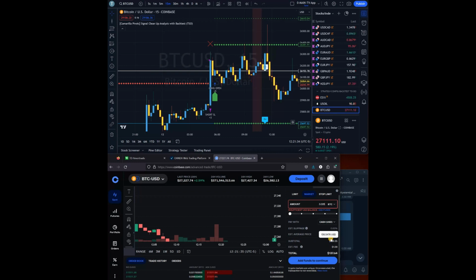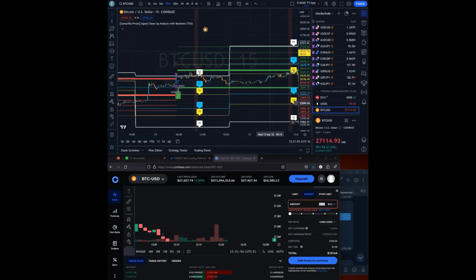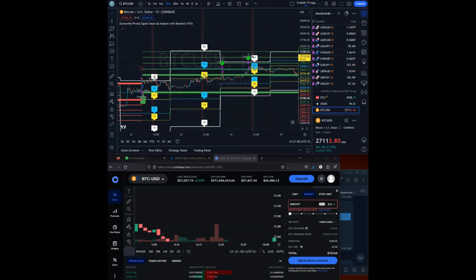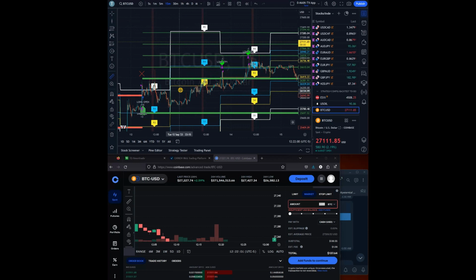Because if your position will be 0.005 Bitcoin, against US dollars, it's gonna be $137 with $1.09 fee. This is definitely less than 1% of the fee. This is pretty good. Just keep in mind, like this example, that this move from here to take profit first is a $394 move of Bitcoin.